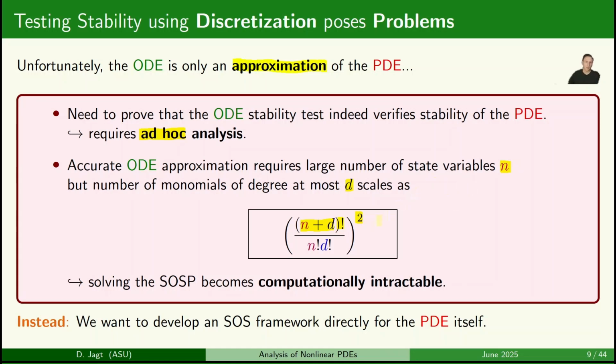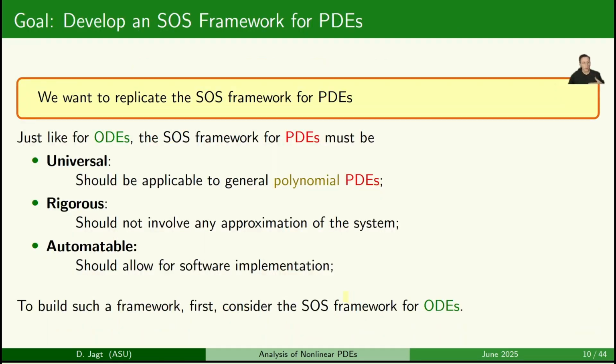So what we want to do is to instead develop an SOS framework directly for the PDE itself, so without any discretization. In particular, this SOS framework should be universal. It should apply to any polynomial PDE, or at least a class of polynomial PDEs.